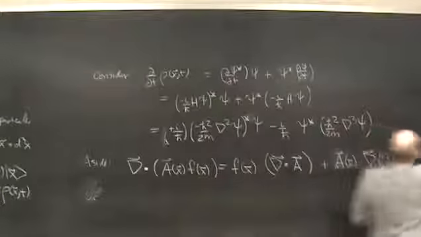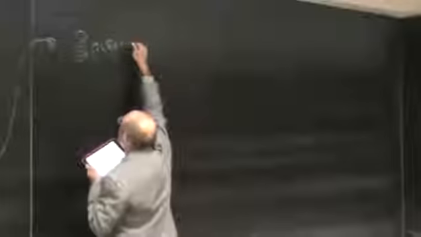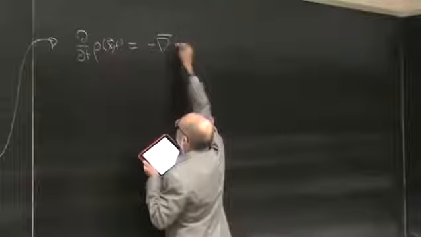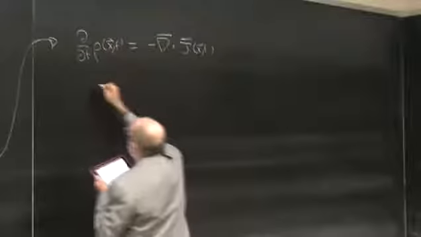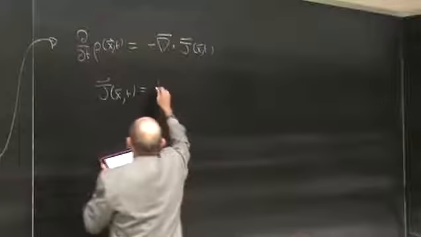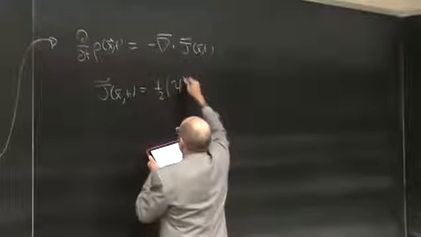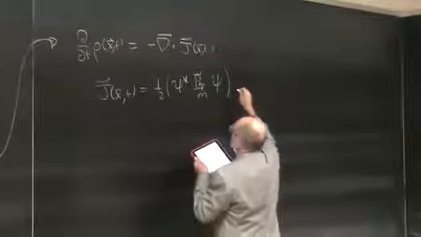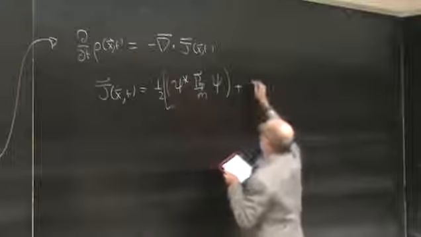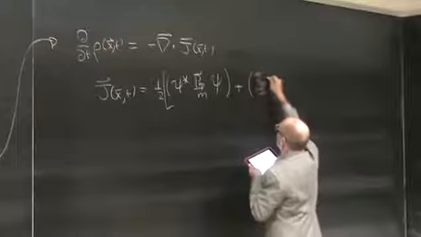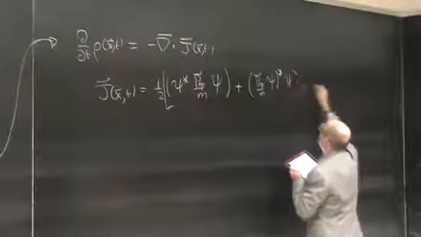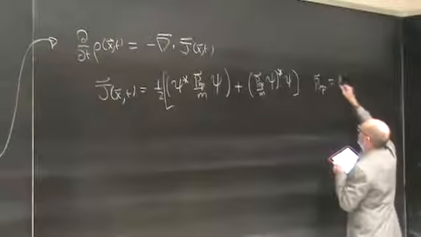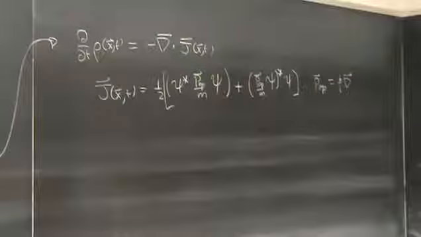Let me get this at the top so we can all see it. We define the vector j of x, where j is equal to 1/2 psi star, the momentum operator, psi plus its complex conjugate.